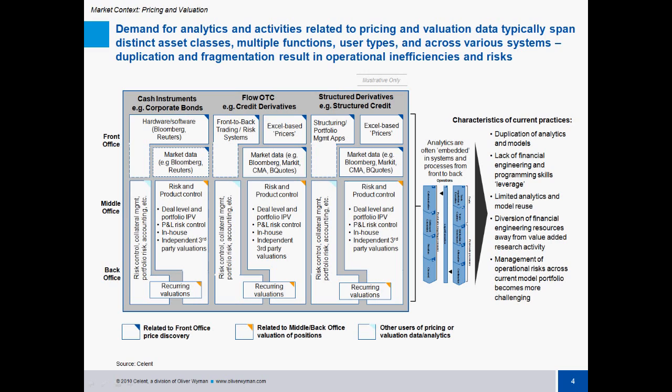Hence the usage of analytics and models, and its technology development, infrastructure, and activities, unfortunately also reflect the reality of being organized in this uncoordinated manner. This typically results in fragmentation, operational inefficiencies, and complexity risks for the firm.